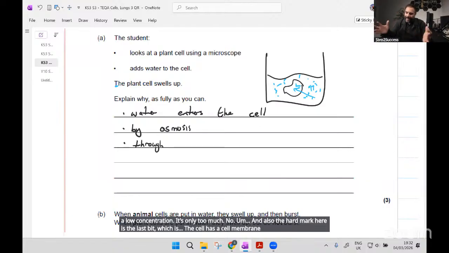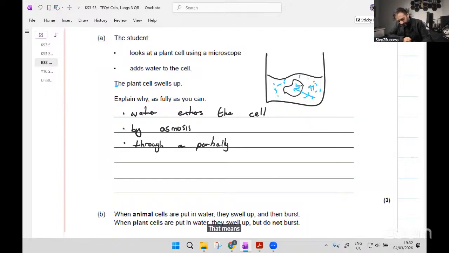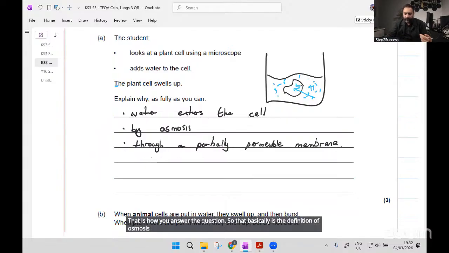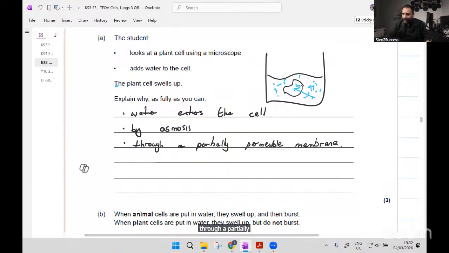Cell membranes allow some things to go through, and we call them partially permeable. That means some things can get through, some things can't, but water can. That is how you answer the question. So that basically is the definition of osmosis: when water moves from a high to a low concentration through a partially permeable membrane.